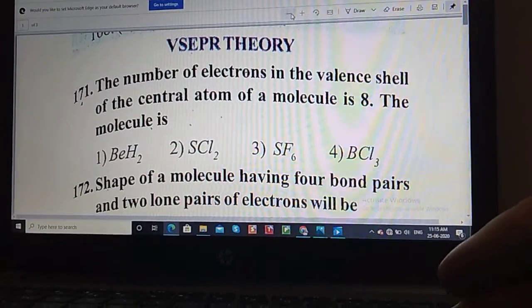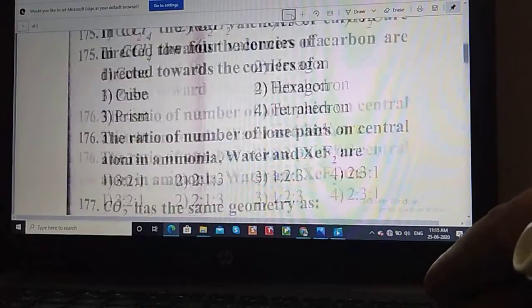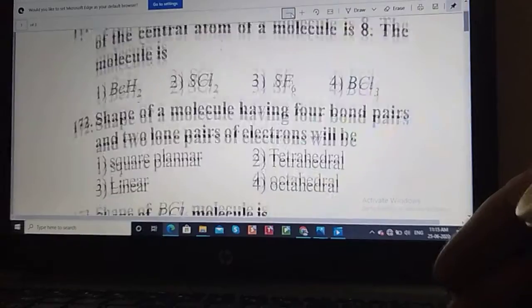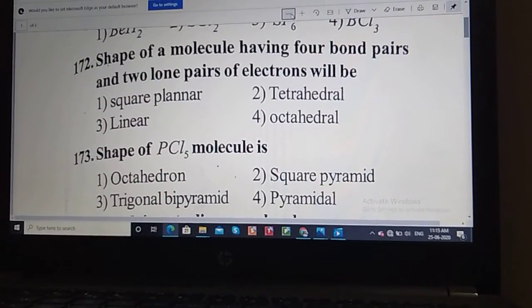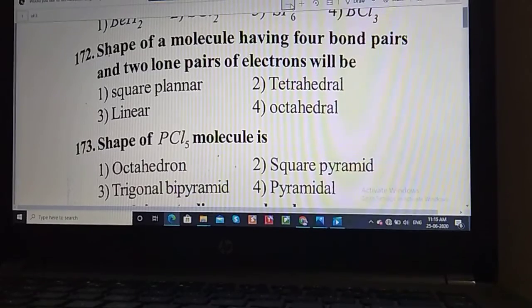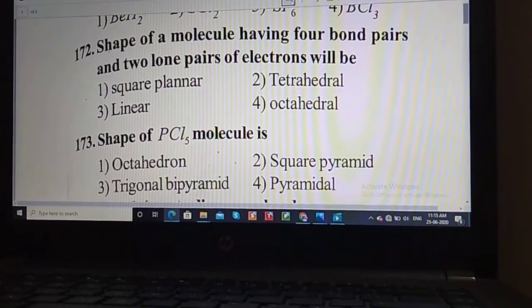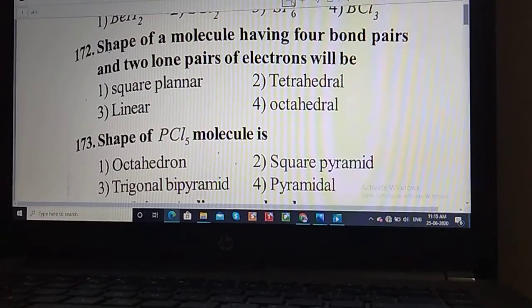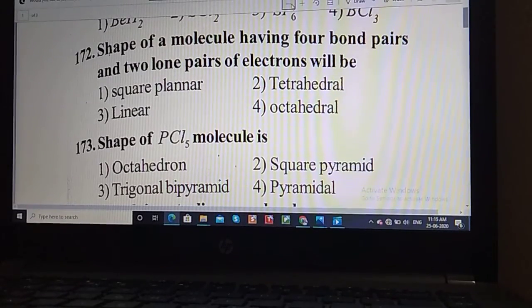Now let us move, student, to question number 172 and try to find out what is the answer for 172. So 172 is the shape of a molecule having 4 bond pairs and 2 lone pairs of electrons. So they are saying that bond pair is 4 and lone pair is 2. Okay. So let us try to understand, student.